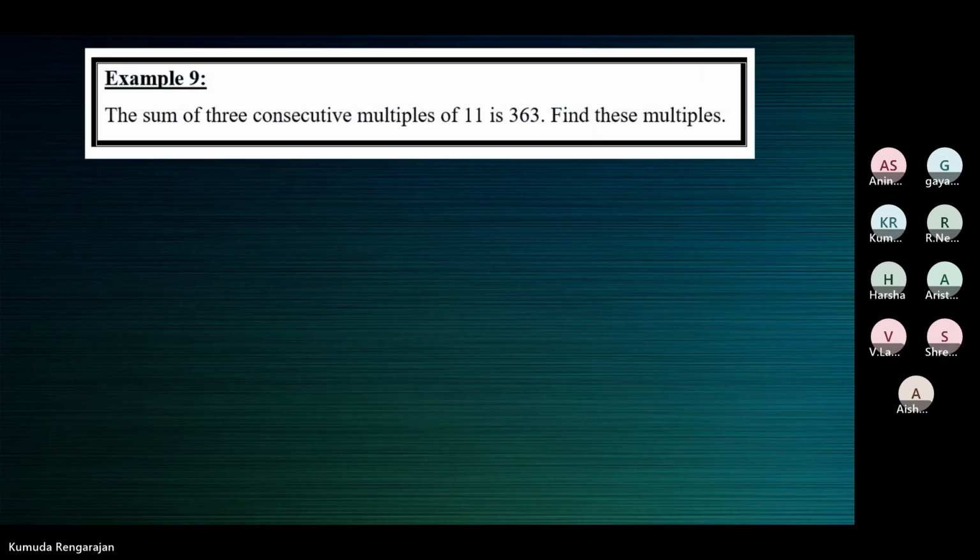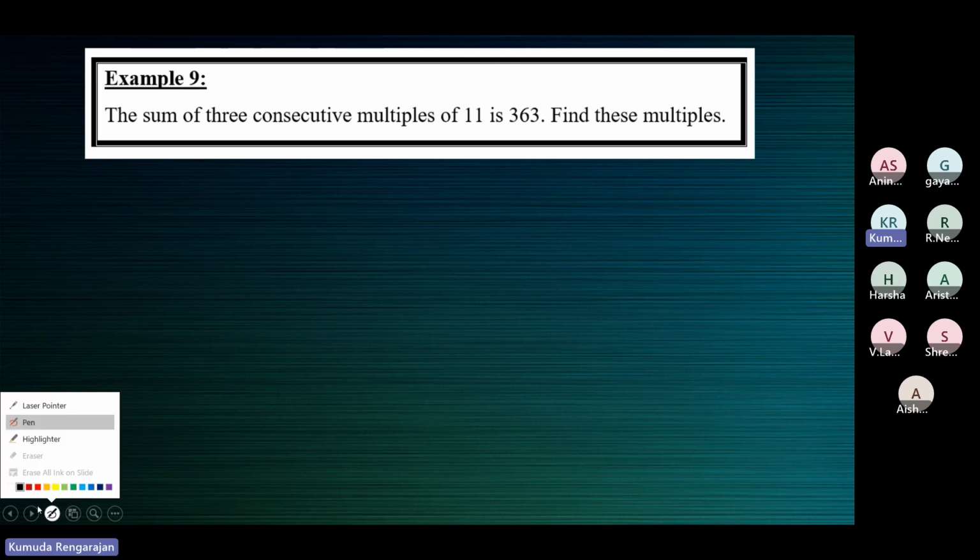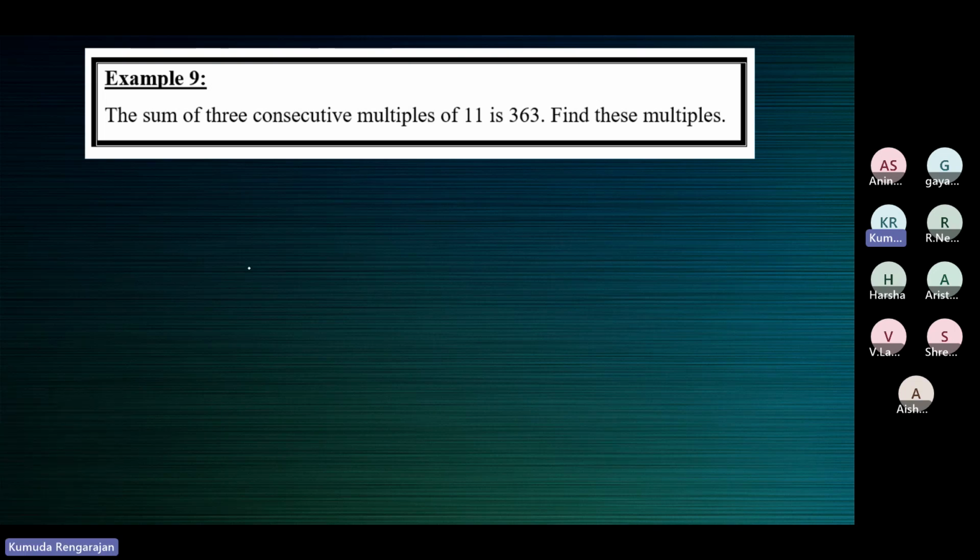All right, children. See the next one. The sum of three consecutive multiples of 11 is 363. Find these multiples. So we know that the consecutive multiples of 11 will differ by 11. So if one multiple is x, the next multiple will be x plus 11.